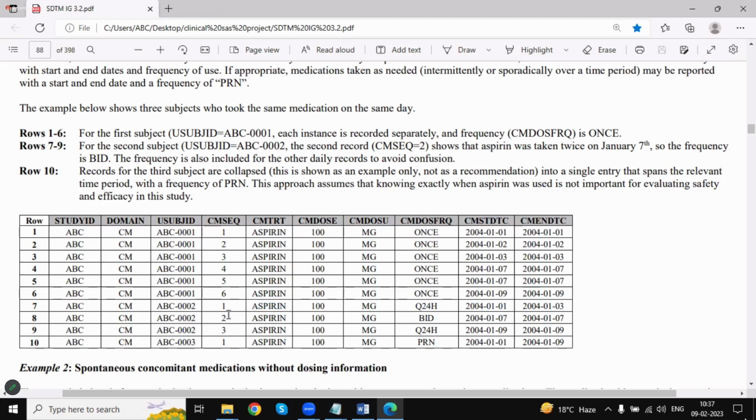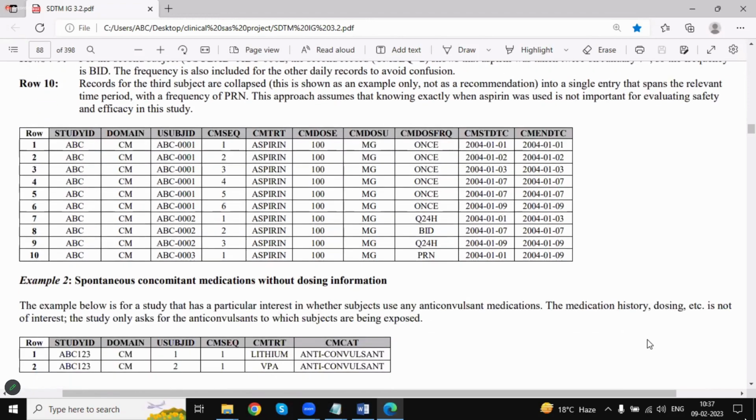Subject 003 is also taking a 100 mg tablet, first to ninth. Clear? Simple.